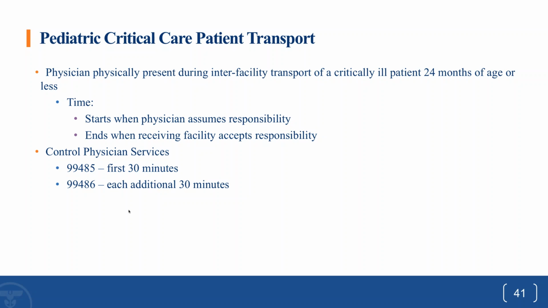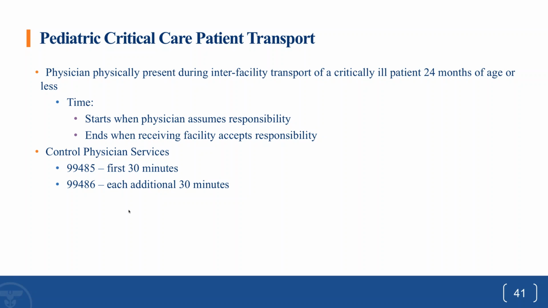And you can see there, like with CPT code 99468, these are critical care, right? So all the services that are listed on page 44 are covered. Even 31500 is included in that.